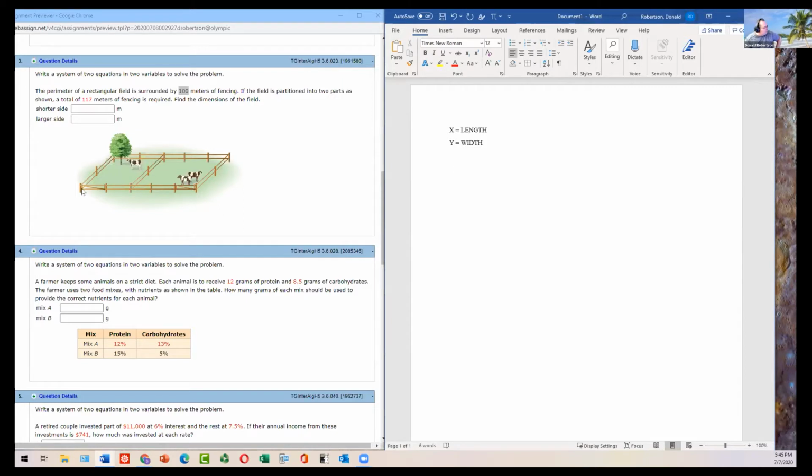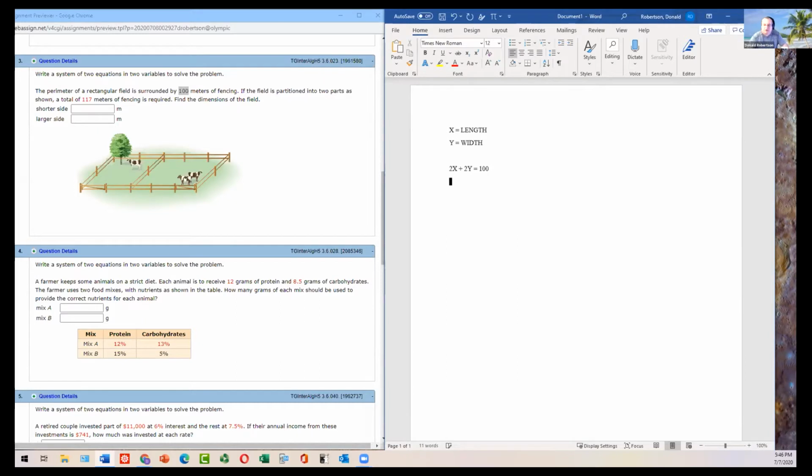Because if you call this distance x, don't you also call that top one x? And if you call this distance y, won't you call this side one also y? So could someone just speak out and tell me what the equation for the outside of this field is going to be in x's and y's? 2x and 2y. Okay. And that's going to equal 100.